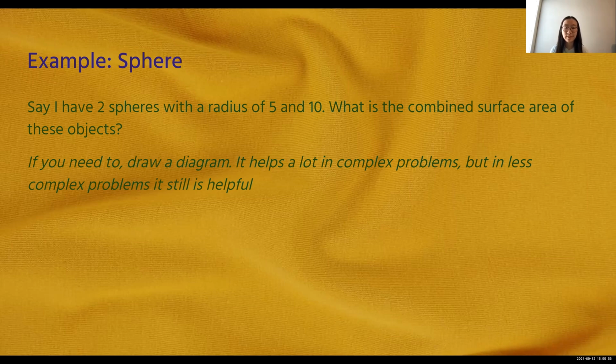All right, so you can leave your answers in terms of pi. So you don't have to multiply the 4r squared by pi. You can just say 4r squared with a pi.